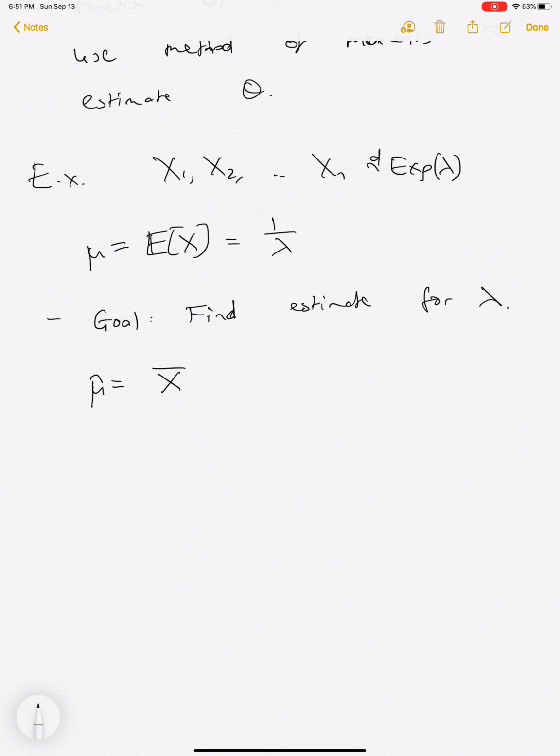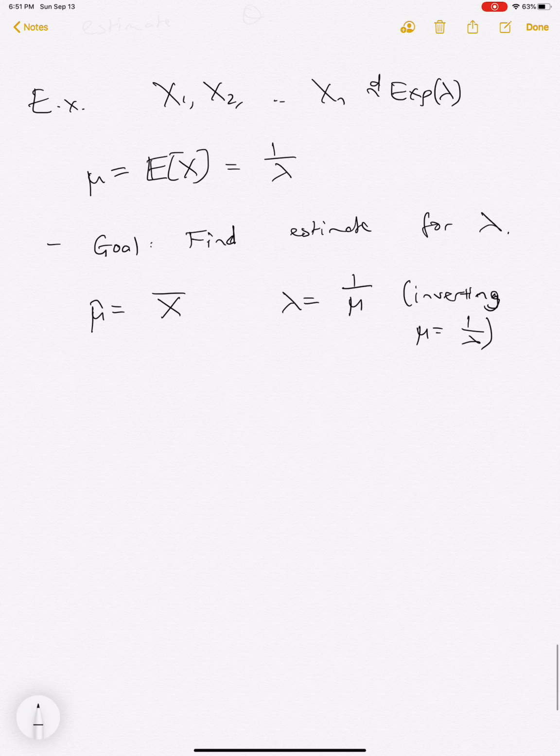Then lambda is equal to 1 over mu, so this is inverting mu equals 1 over lambda. And therefore an estimate lambda hat is just 1 over X bar.